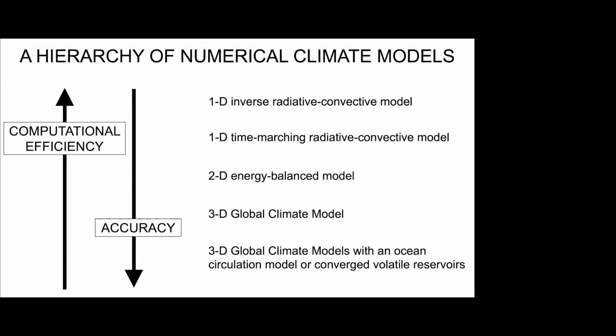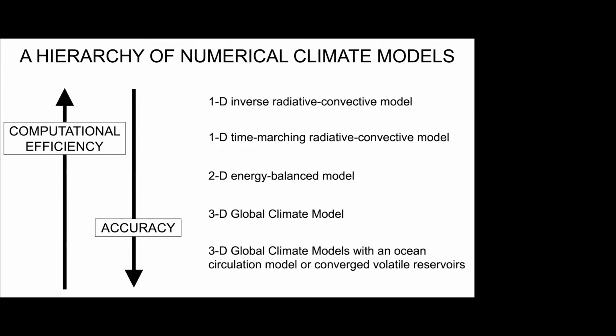While the three-dimensional global climate models are aiming at modeling all the physical and chemical processes, all very complex and sophisticated, at the same time, and can help you to better understand how atmospheres in reality should behave. So we really need to use that whole hierarchy of numerical climate models at the same time to learn more about these kinds of planets.